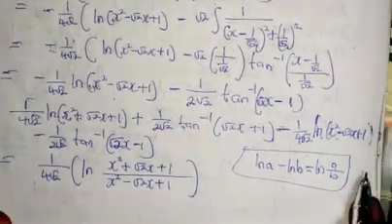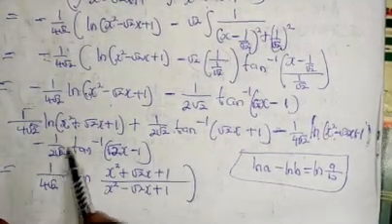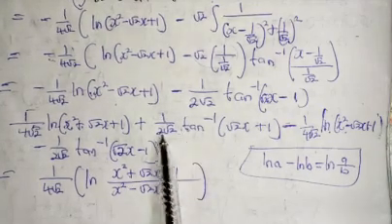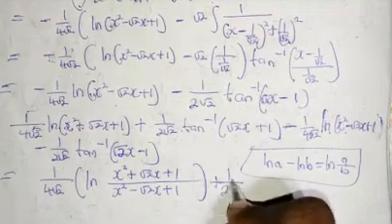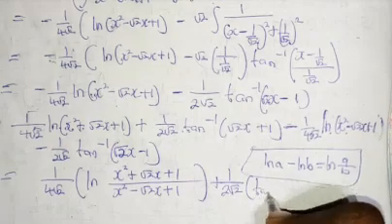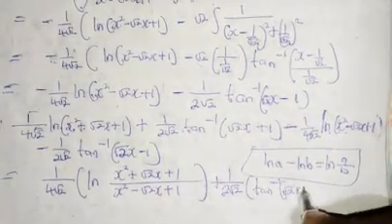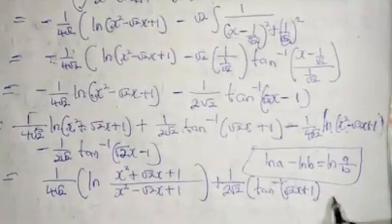And let's look at this also. Here what we can factor out is 1 over 2 root 2 into bracket. It will be tan inverse of root 2x plus 1 into bracket.